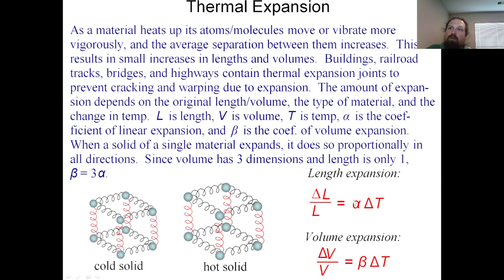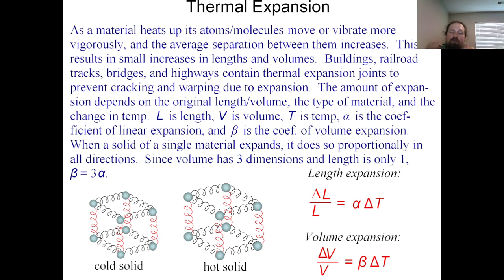The other term here, this alpha term, is the coefficient of thermal expansion. And every different material expands at a slightly different rate. Different metals, different rocks, different other types of solids and liquids and gases all expand at slightly different rates just based on what type of materials they are.